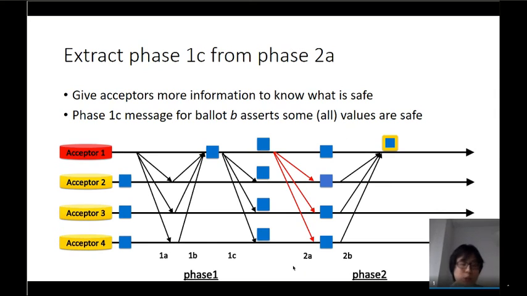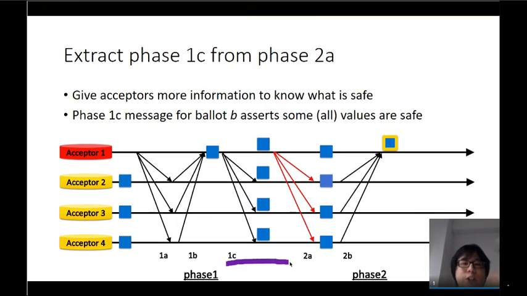What we do to cover the lying in phase 2A, first, let's make the problem easier by breaking phase 2A into two phases. We add one phase, phase 1C. Why are we extracting phase 1C from phase 2A? Because phase 2A has two functions.